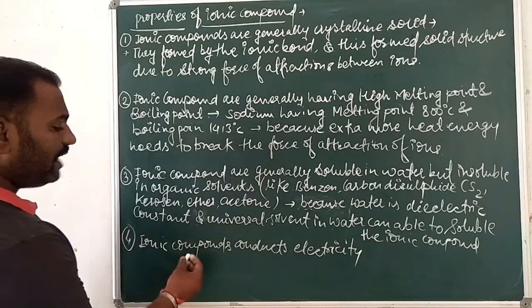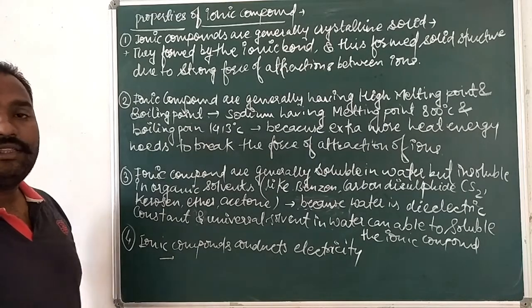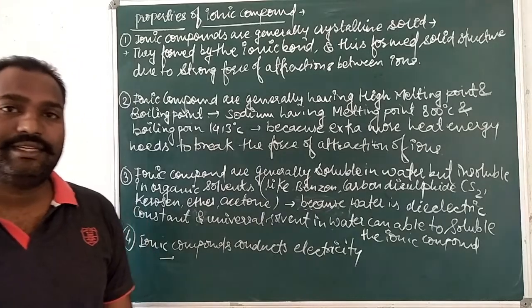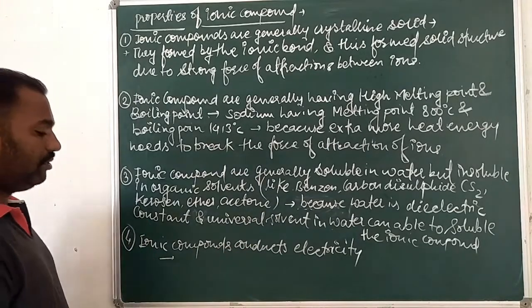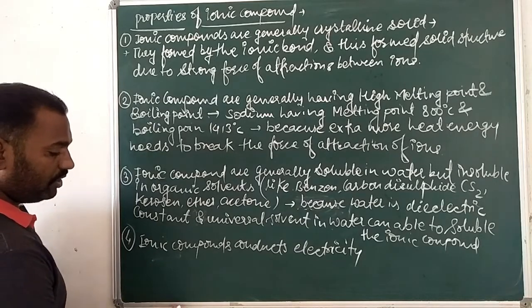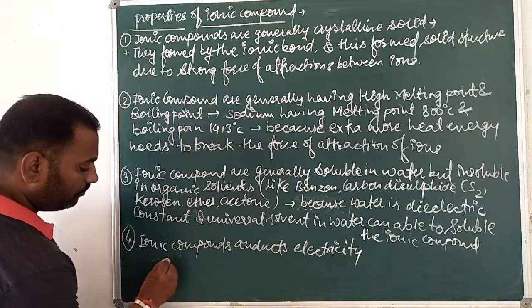And last, ionic compounds conduct electricity. You know that they dissociate into their ions in the container, like NaCl. When the ions dissociate, they can conduct electricity.